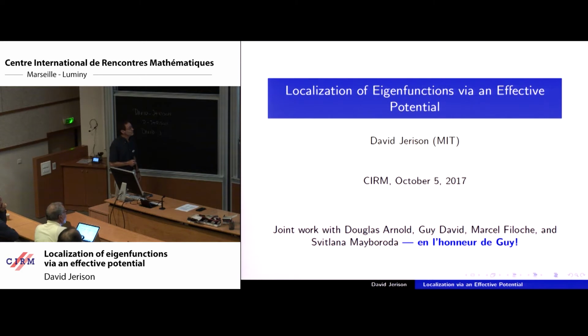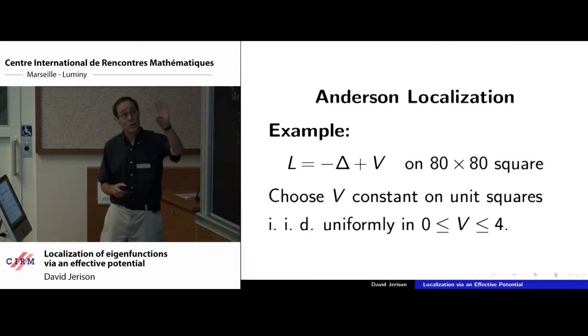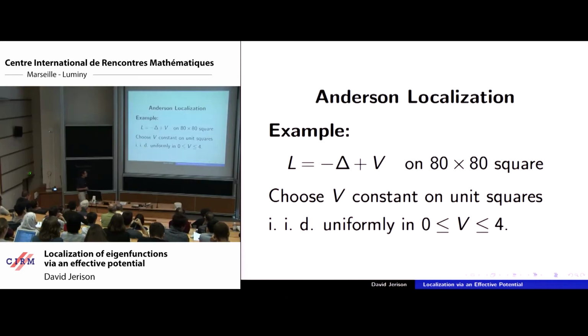The main area that we're interested in is eigenfunctions associated with what's known as Anderson localization. So there's a very curious situation in mathematical physics where, and I'm just going to give it by example here, you have a Schrodinger operator, Laplacian plus V, and you can simulate this on an 80 by 80 square, and now the potential is going to be random.